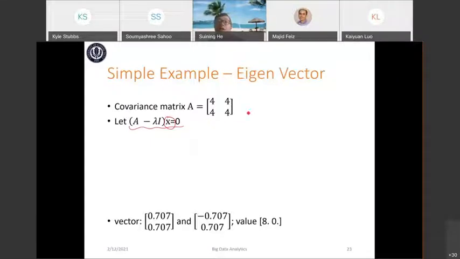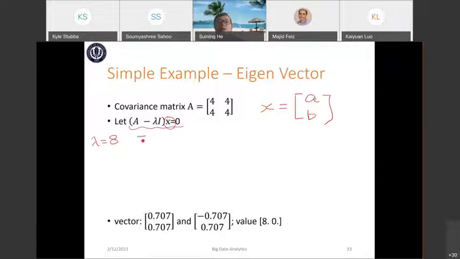We can use some symbols to first define x equals A and B, two dimensions. Then we use this formula because we already know that lambda can be either 8 or 0. So let's look at the case lambda equals 8.